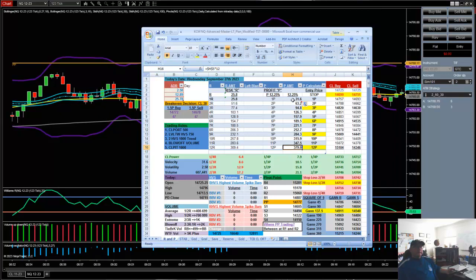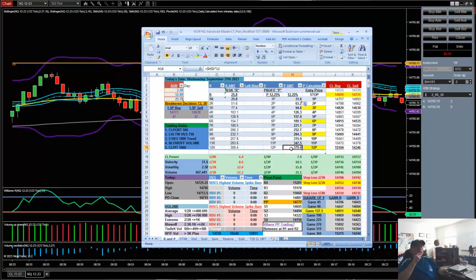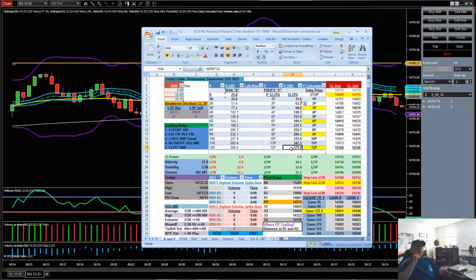379. So it can go 379 ticks. So if you take 379 divided into 4, that'd be 94.75 points. Doesn't seem correct though, does it? 379 ticks, a 12p move would be 94.75.